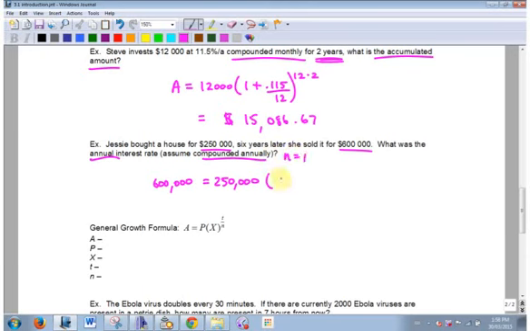So n is 1. So 1 plus I over 1, n is 1 times t. Do I know what t is? Yeah, so let's actually put that in there, okay?